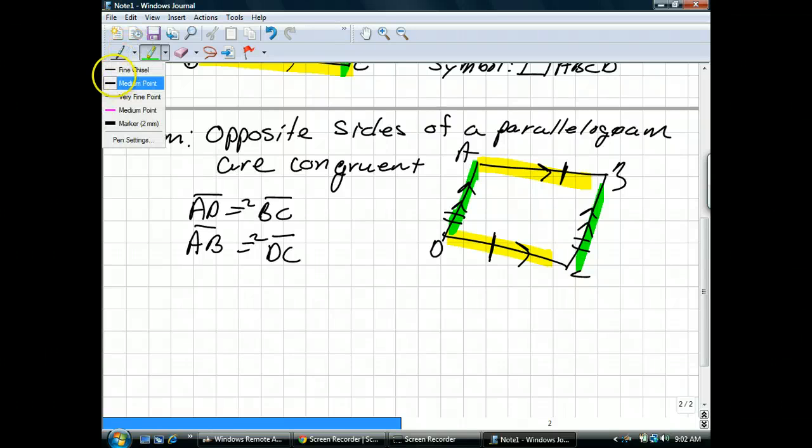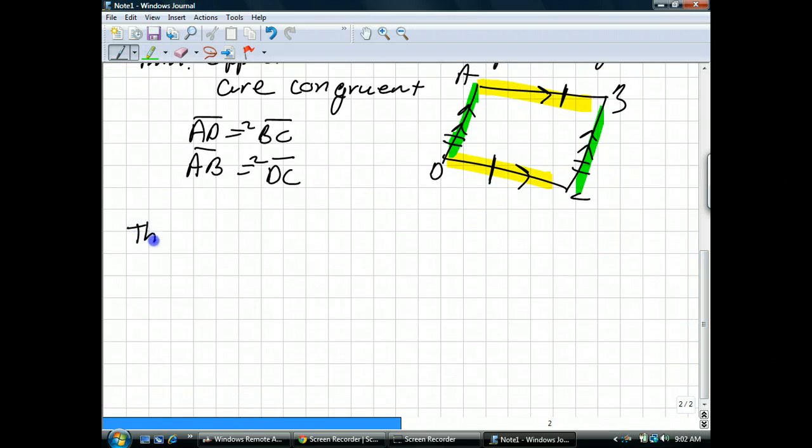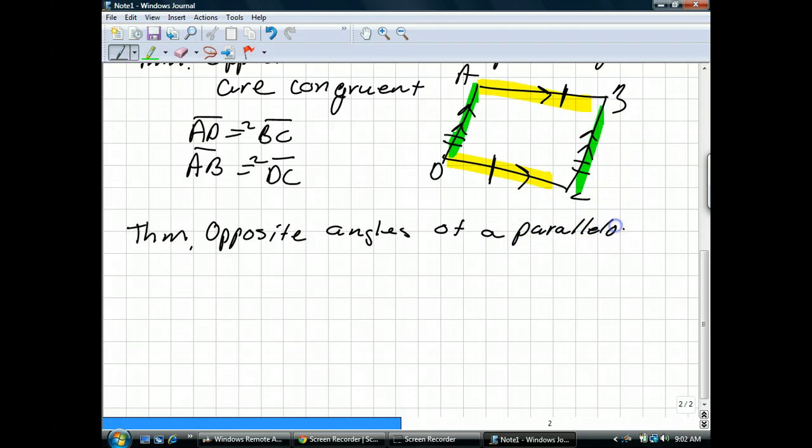All right, and then our second theorem says that opposite angles of a parallelogram are congruent.